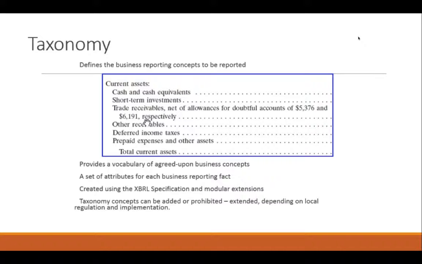We may have one tag named cash and cash equivalents, and another tag named short-term investment. So this taxonomy is just like an accounting dictionary, creating accounting vocabularies for us to use to tag the information.